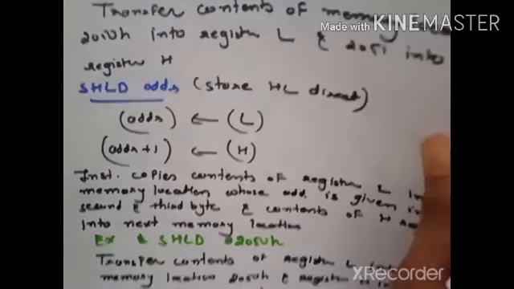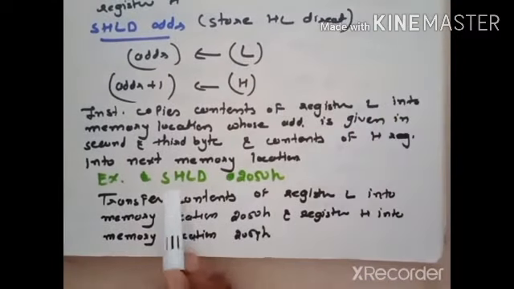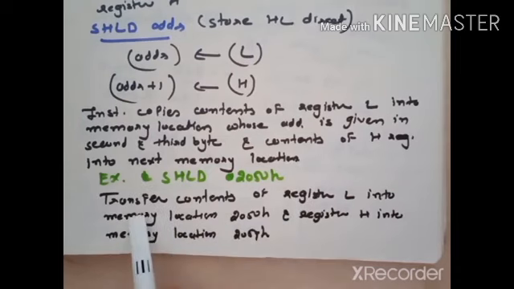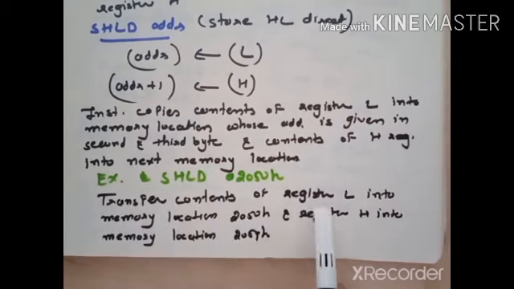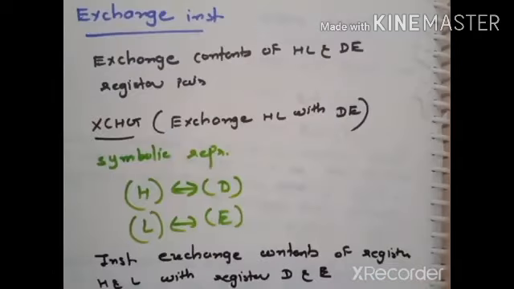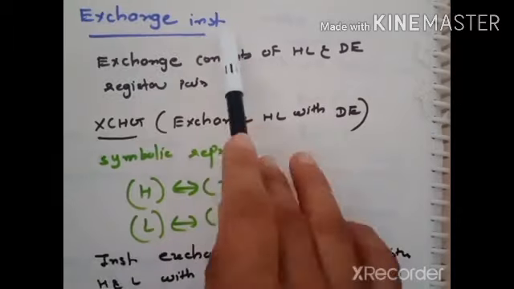Like example, SHLD 2050. So this instruction transfers content of register L into memory location 2050 and register H into memory location 2051.